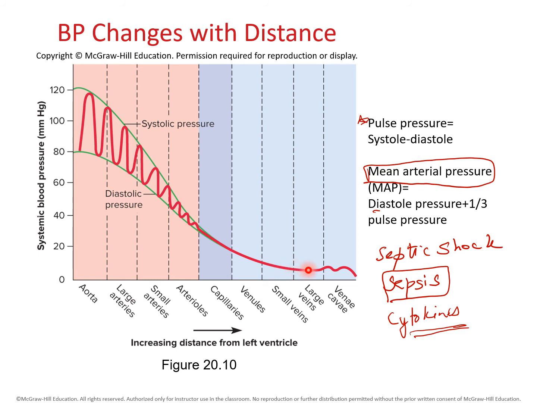They are almost close to 10 or 0 here in the veins. So the muscles in our body play a very important role in pumping blood through the veins back towards the heart, because they are under little to no pressure over here. Okay, and that's where the skeletal muscles are important.